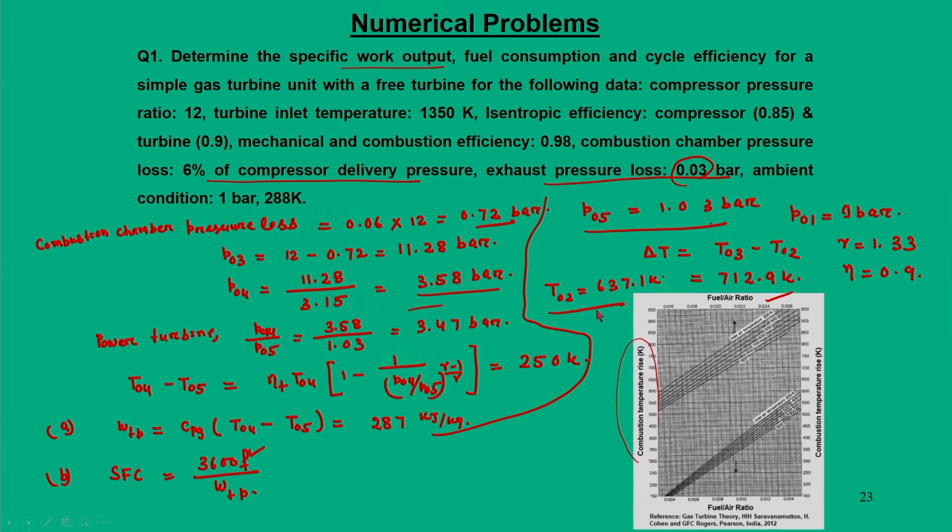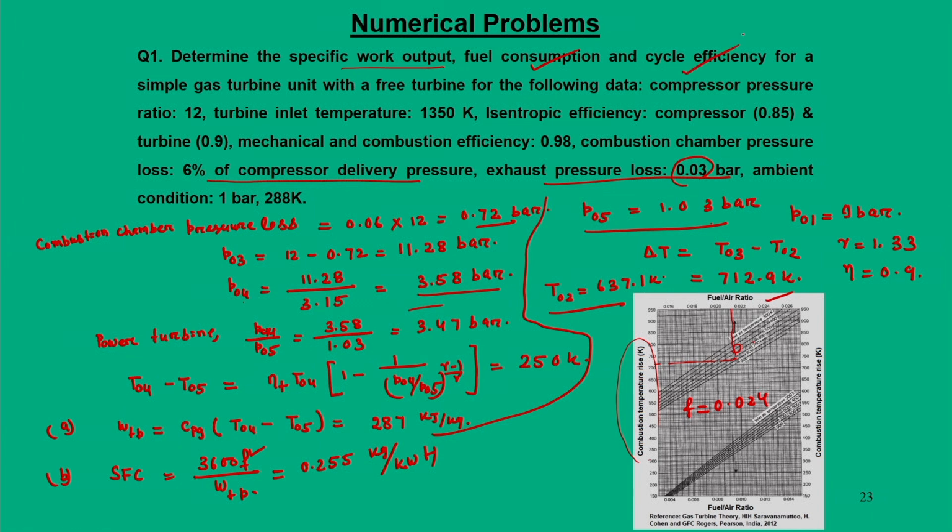So T02 of 637.1 is somewhere here, and this temperature rise would be 712. If you plot it, we can find F as 0.024. Putting this, we can calculate SFC as 0.255 kg per kilowatt hour. So we got the fuel consumption.